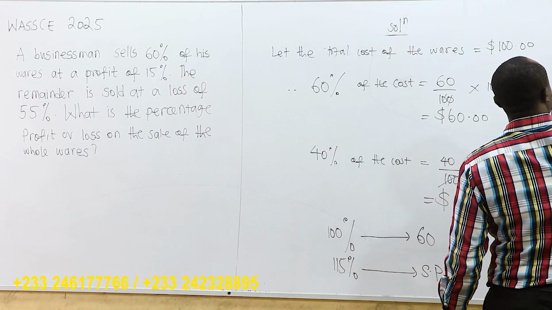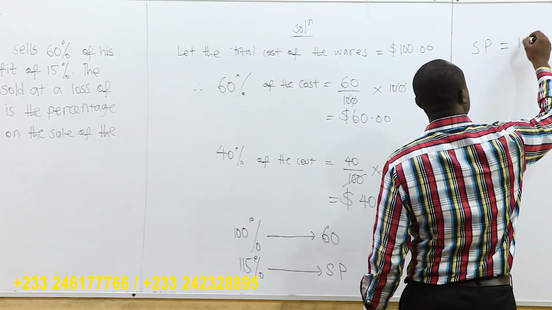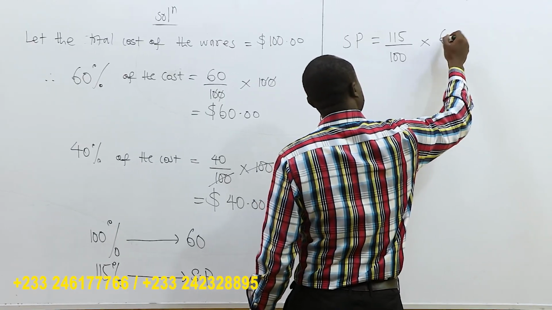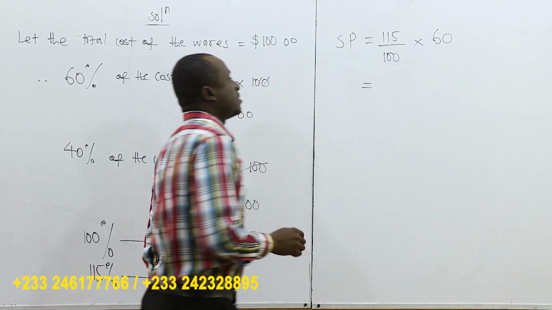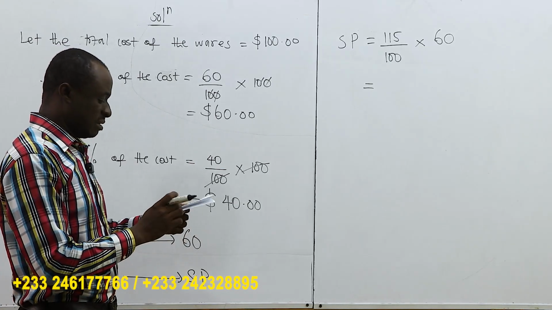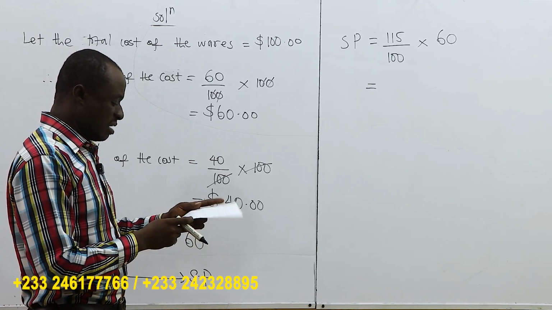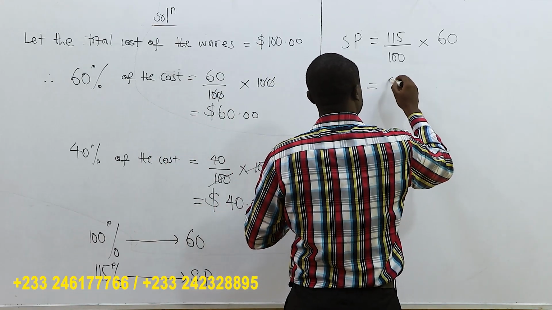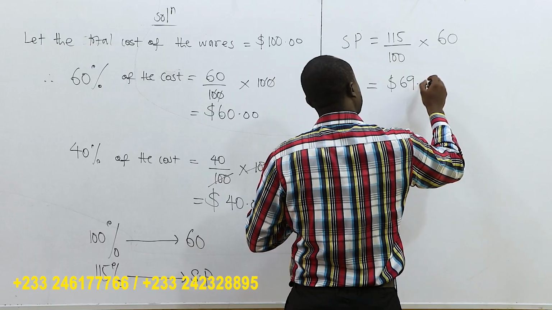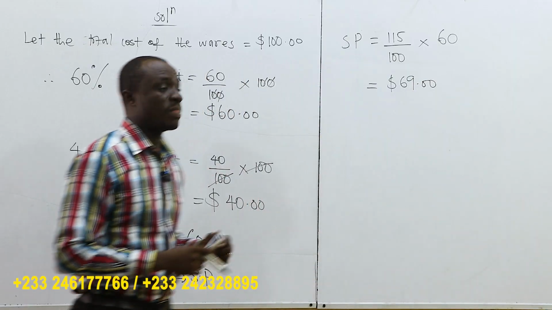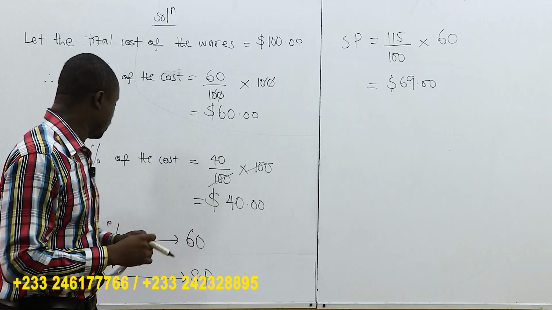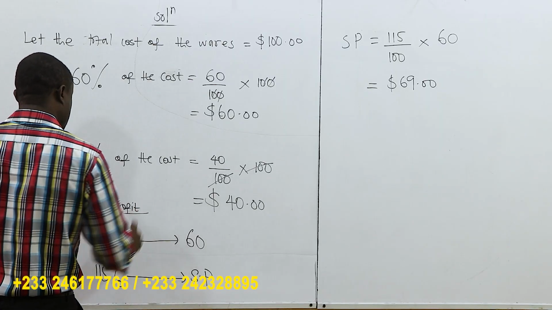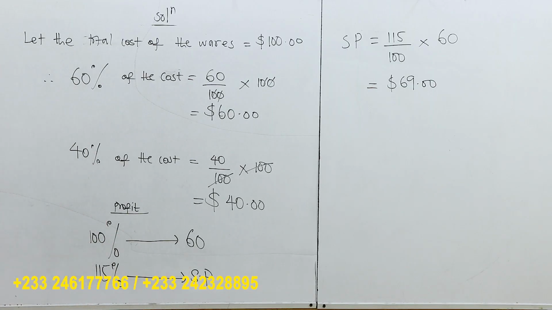So our selling price will basically be 115 out of 100 times the 60, and clearly when we cancel, we are getting $69. That's for the profit, and because of profit, we add 15 to the 100, giving us the 115.